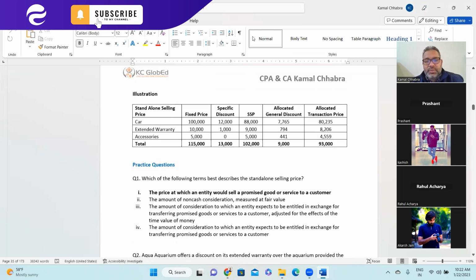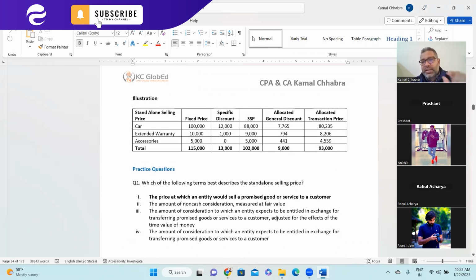Last time, we did a small example as well, a car sale with an extended warranty and accessory. Their individual pricing, their specific discounts, understanding of the standalone selling prices, allocation of the general discount based on the standalone selling price, and the final allocated transaction price, right?